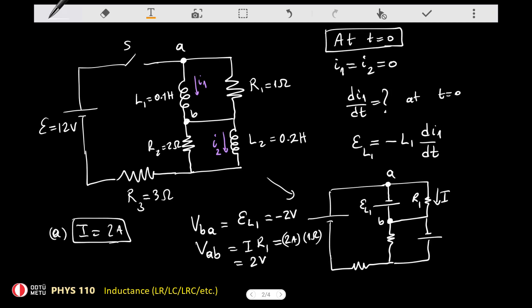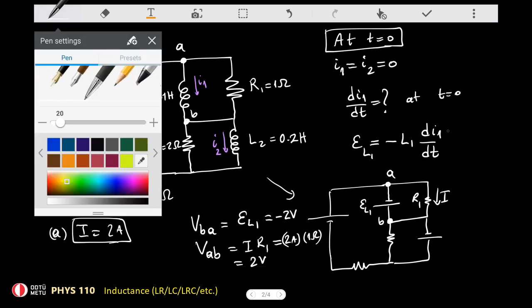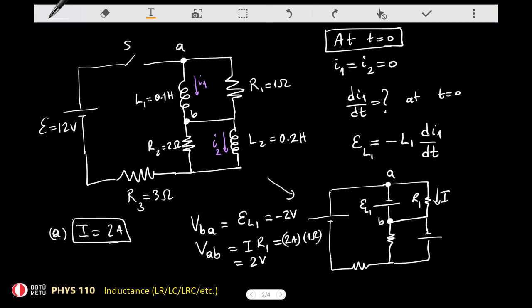This is the thing that you should use to answer that question. So I'm going to go back to this equation again. So let me erase the upper part in here. Sorry about this. So we have found that EMF of the device in here is minus 2 volts. That's equal to minus the inductance, which is 0.1 Henry.